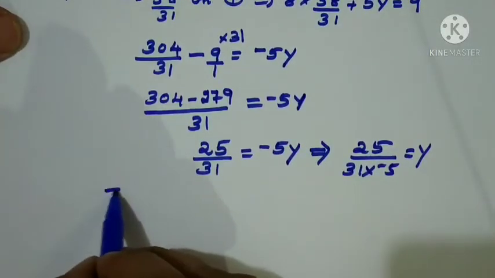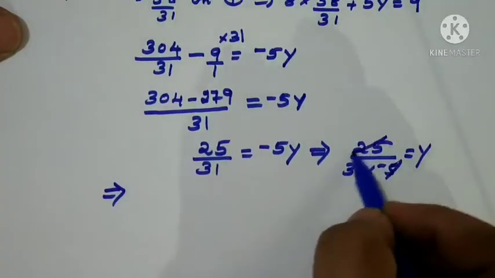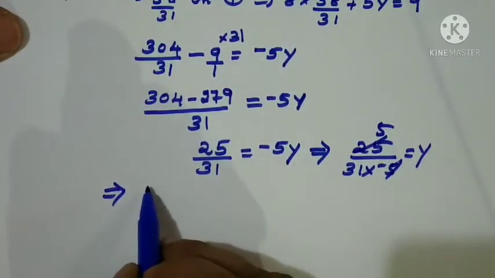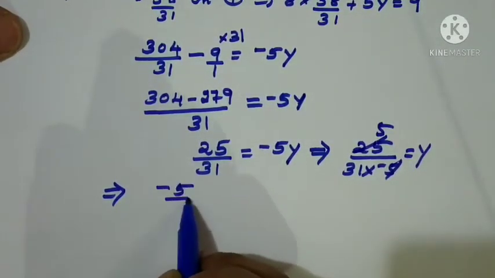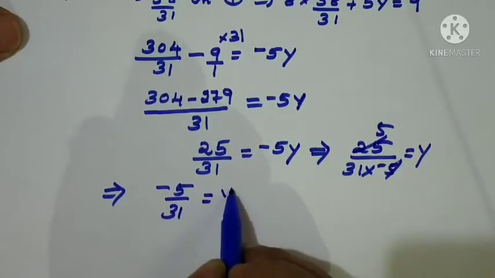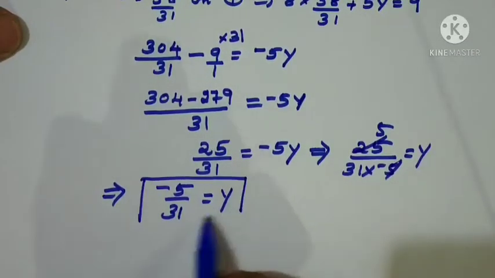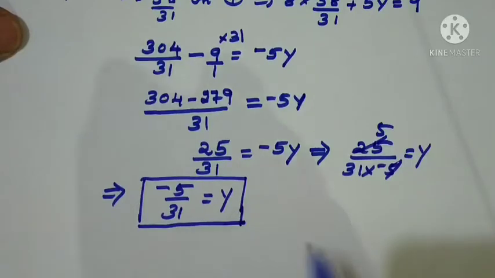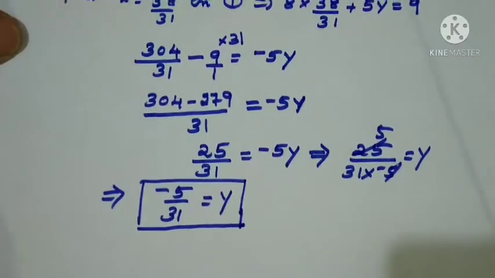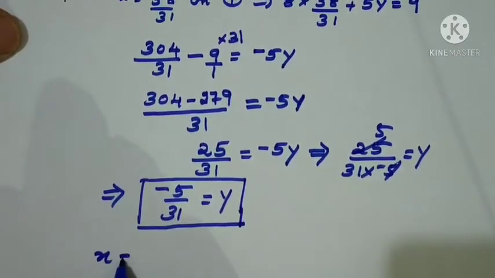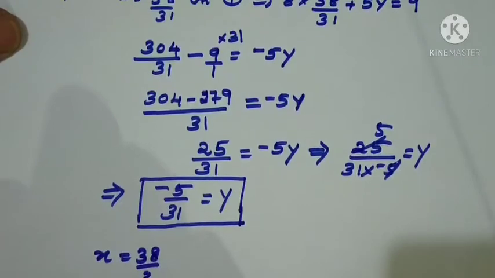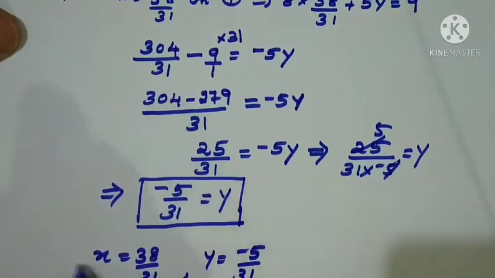We can cancel this 5 here. So minus 5 by 31. So we got the value as x equal to 38 by 31 and y equal to minus 5 by 31. So I'll write once again, x equal to 38 by 31 and y equal to minus 5 by 31.